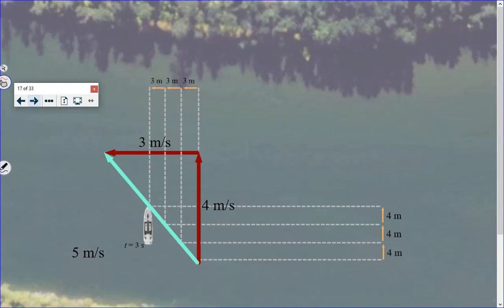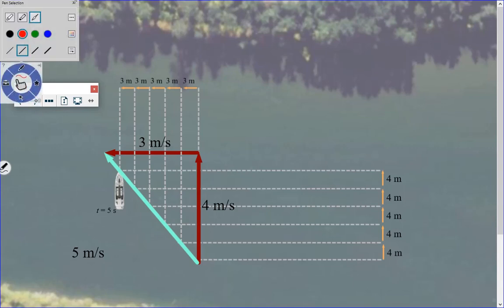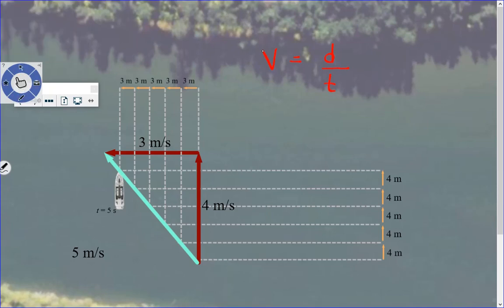And that action continues. And again, I want to summarize this by telling you what I've already told you, which is that it is moving at a constant speed, which means speed equals distance over time. I think I'm going to move that just so you can see it a little better.